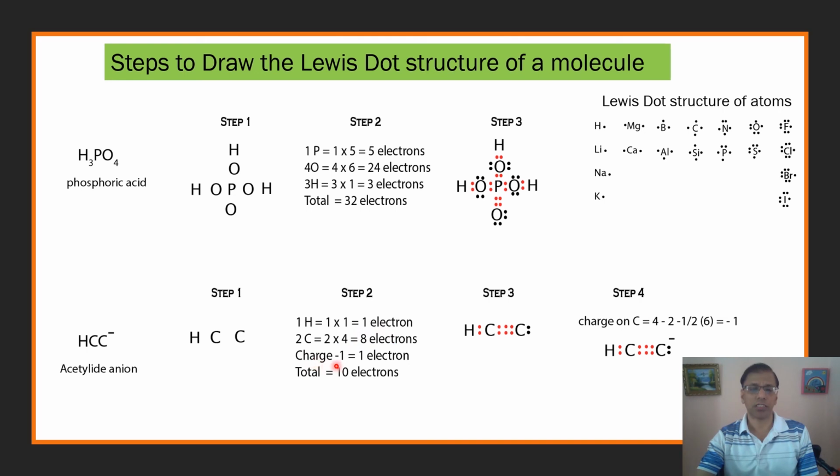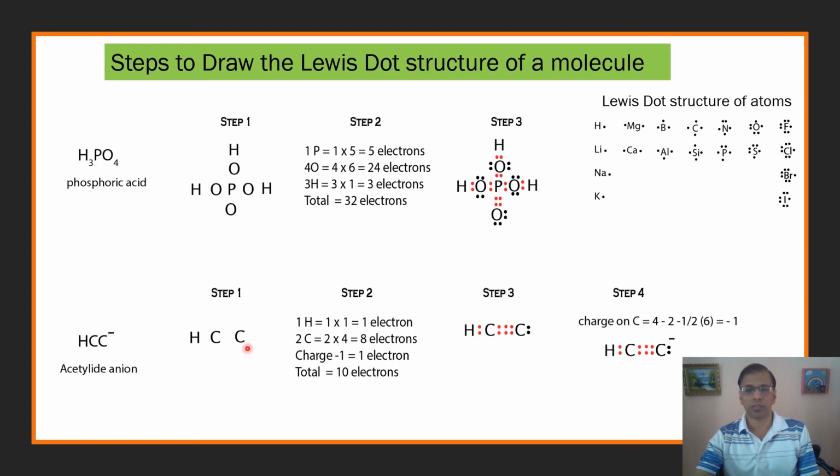Now the charge is -1. This is the charge on the anion, so that means it's 1 more electron. And so we have a total of 8, 9, 10. There are 10 electrons in the valence shell.